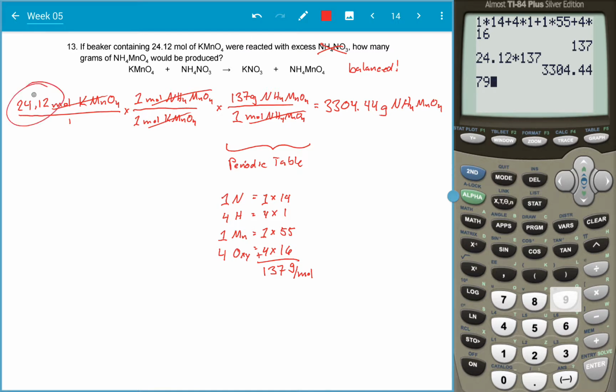But since we only start off with 4 significant figures, we need to round this to just 3,304 grams of ammonium permanganate, which would be our final answer.